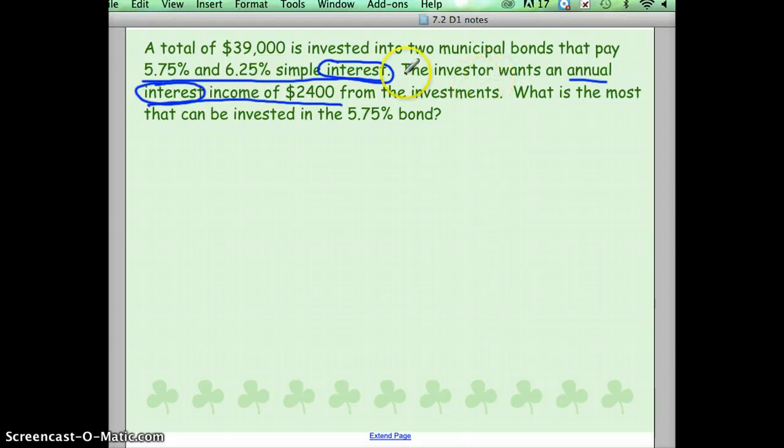Now we're investing into two different kinds of bonds. So let's define X and Y as our different bonds.